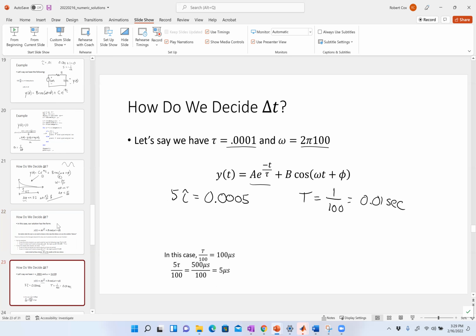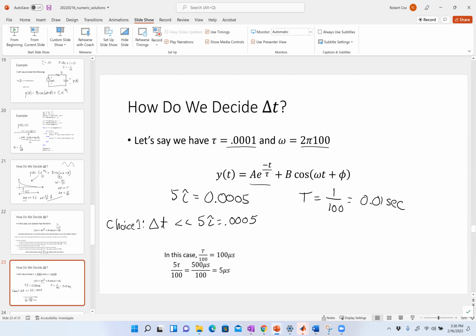So let's take a look here for a second. Choice 1 we'll call it. Choice 1 would be that my delta t could be much, much less than 5 tau, or 0.0005.